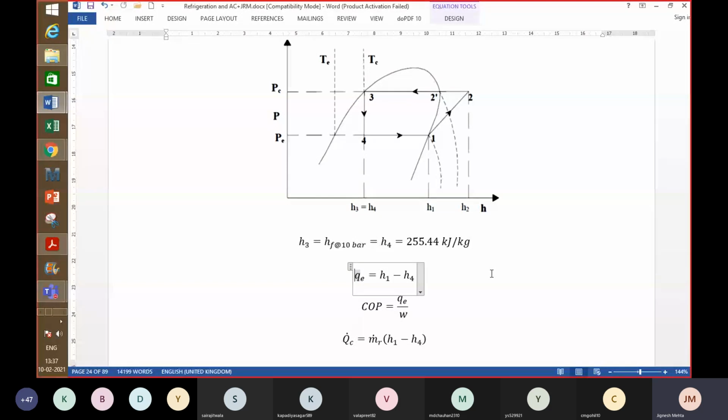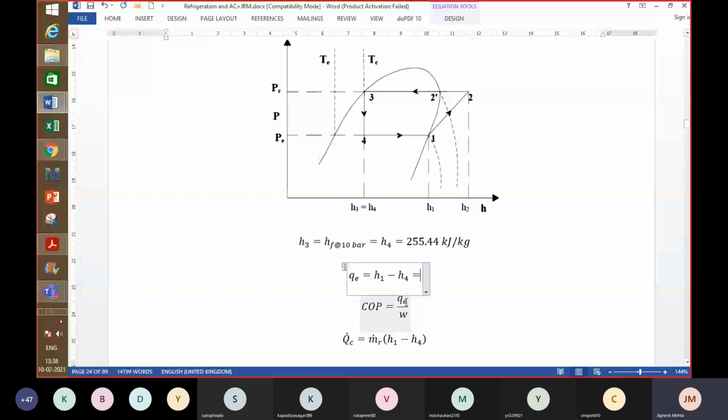So QE is equal to H1 minus H4, right? So you can get this number and provide that number to me, and after that you can get COP. It's just the ratio of QE and W. So you can get that COP number, right?